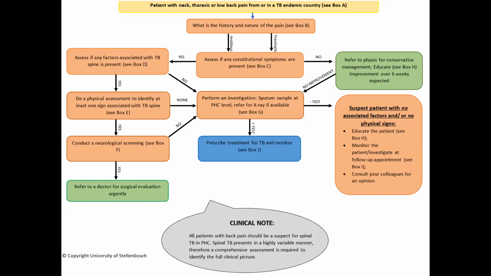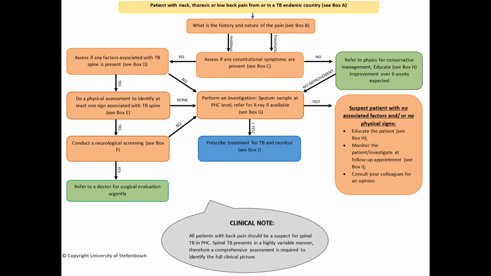If we go back, if the sputum investigations or x-ray came back negative, you would then have a suspect patient with no associated factors and no physical signs. Again, you would educate this patient on the aspects I mentioned before, so if there are any changes, they need to refer back to you, and you would perhaps consult a colleague for a second opinion.